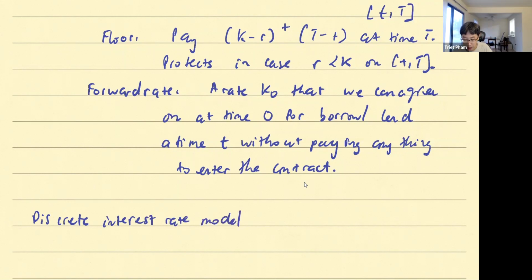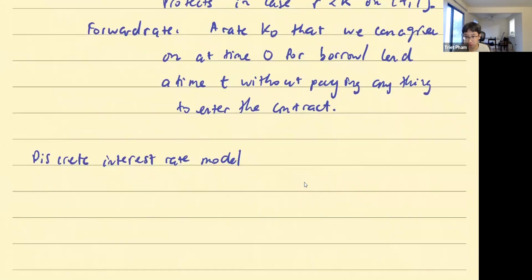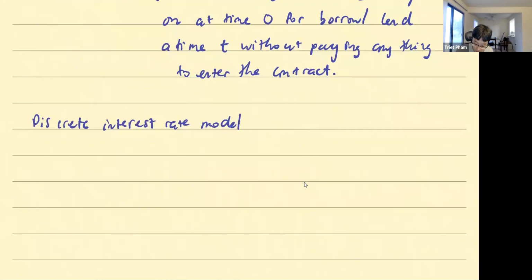Now, first, what do we build the model upon? For simplicity, let's say we have 0, 1, 2, 2 periods, okay? Then at time 0, the interest rate is fixed, it's called R0.